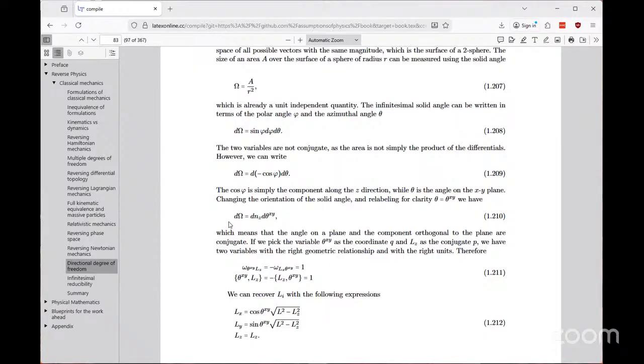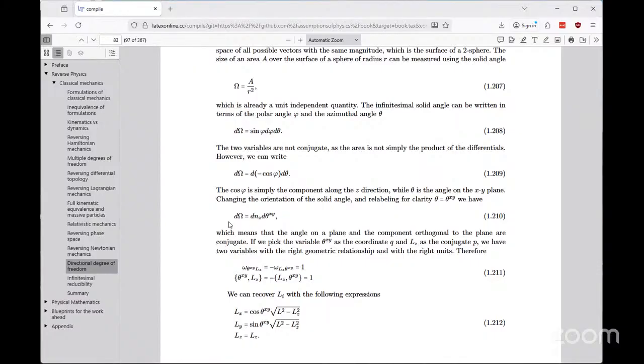Which means that the angle on a plane and the component orthogonal to the plane are conjugate. If we pick the variable theta xy as the coordinate q and Lz as the conjugate p, we have two variables with the right geometric relationship and with the right units. So theta as q and Lz as p.